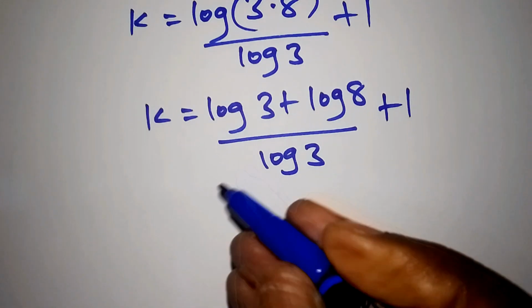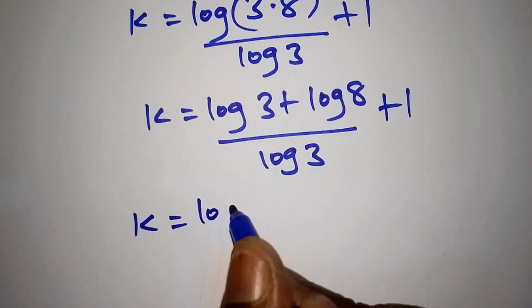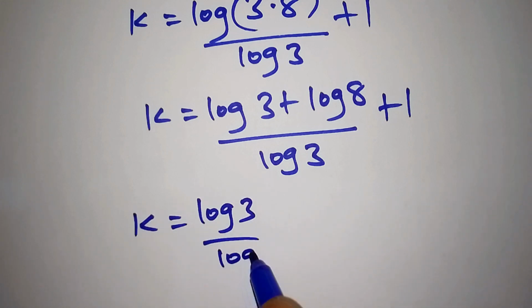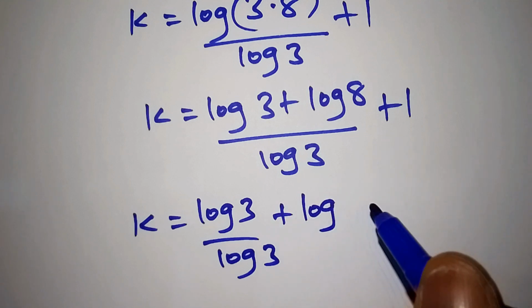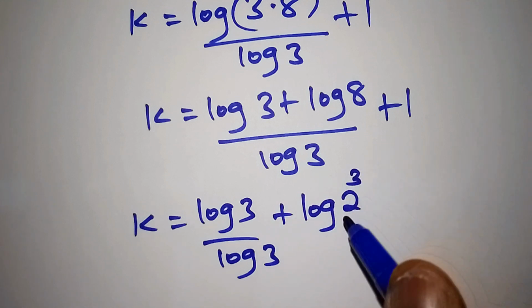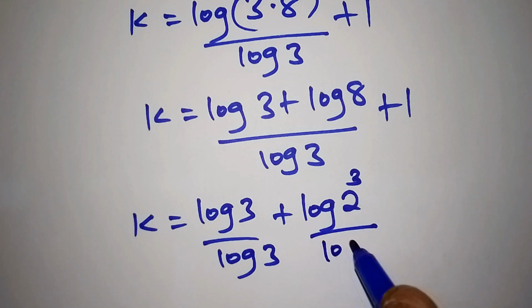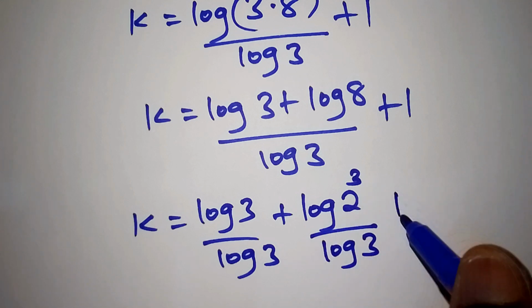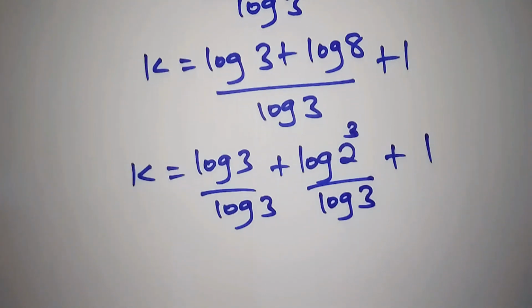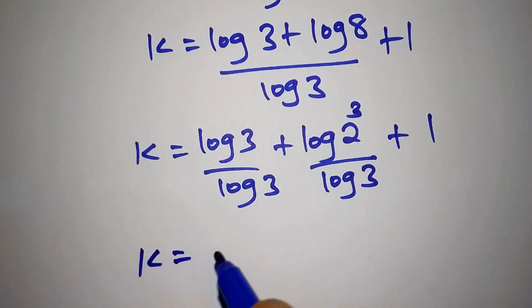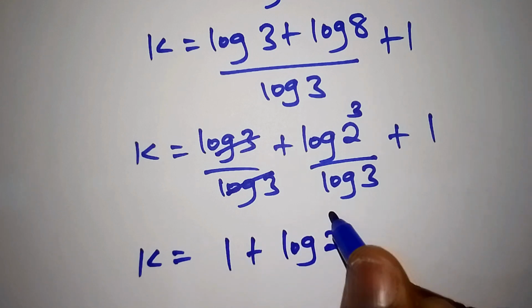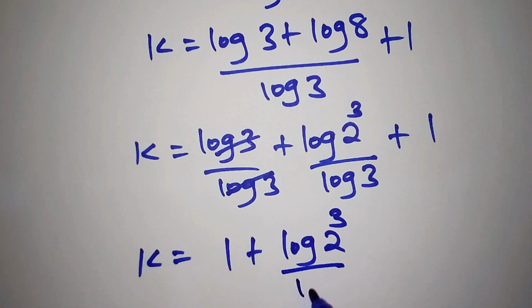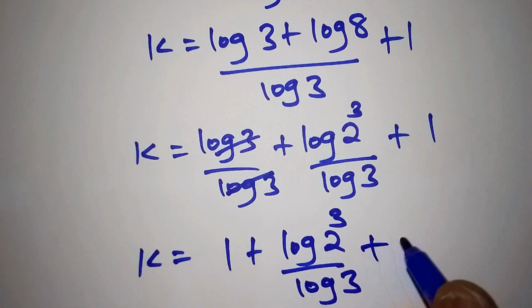So next our value for k is equal to log 3 all over log 3, then plus, so log 8 can also be written as the log of 2 to the power of 3, then all over the log of 3, then plus 1. So our value for k is equal to, log 3 cancels, so now we shall have 1 plus the log of 2 to the power of 3 all over the log of 3 plus 1.